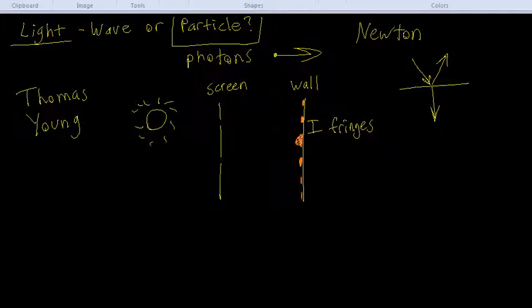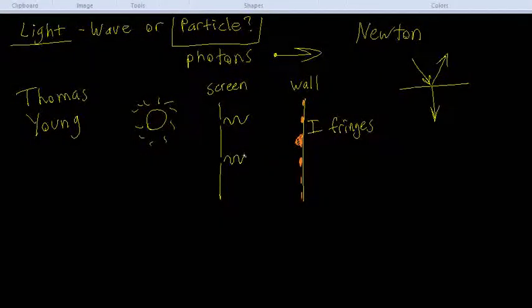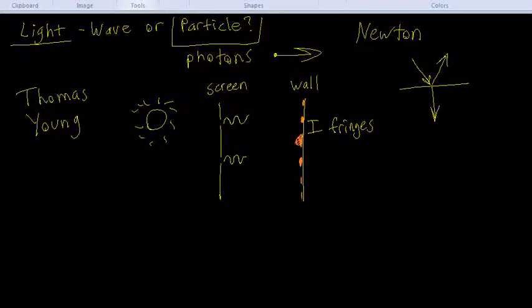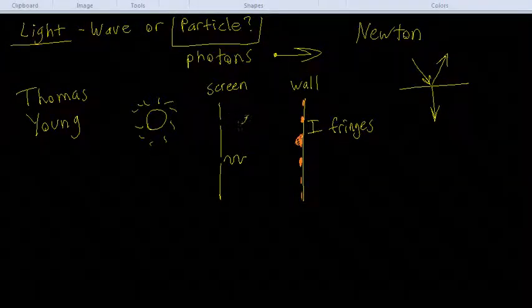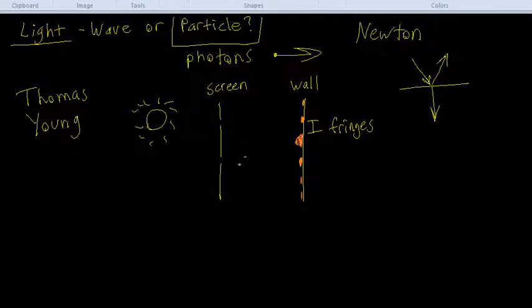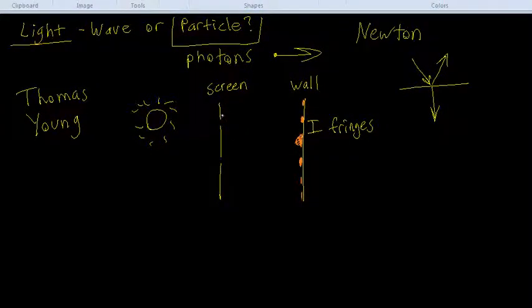And Young eventually said, well, the only way this makes sense is if light is a wave. And what he meant by that is if light is truly a wave coming out of this slit, and light is a wave coming out of this slit, then it will look like the following. And he actually drew this out in his publication.